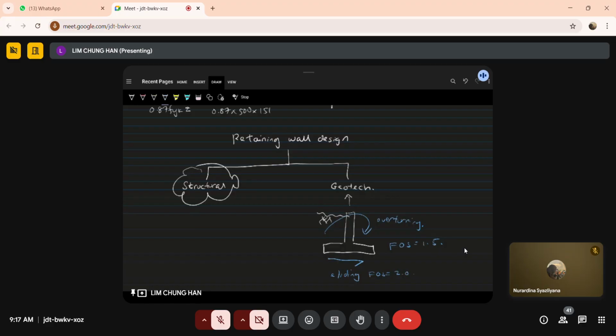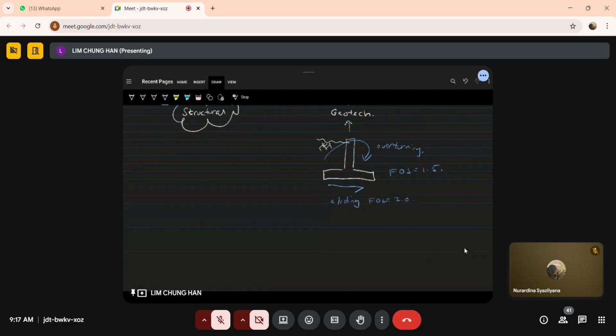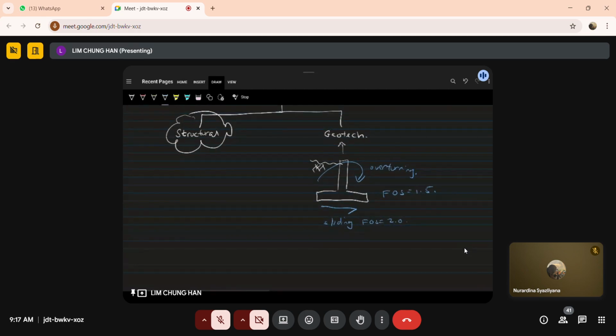And there's another check you have to do. The ground bearing pressure, right? Yes. Wait, let me draw my sliding up here so that it doesn't confuse. Yeah, so overturning and sliding. But there's also one more check that you have to do.